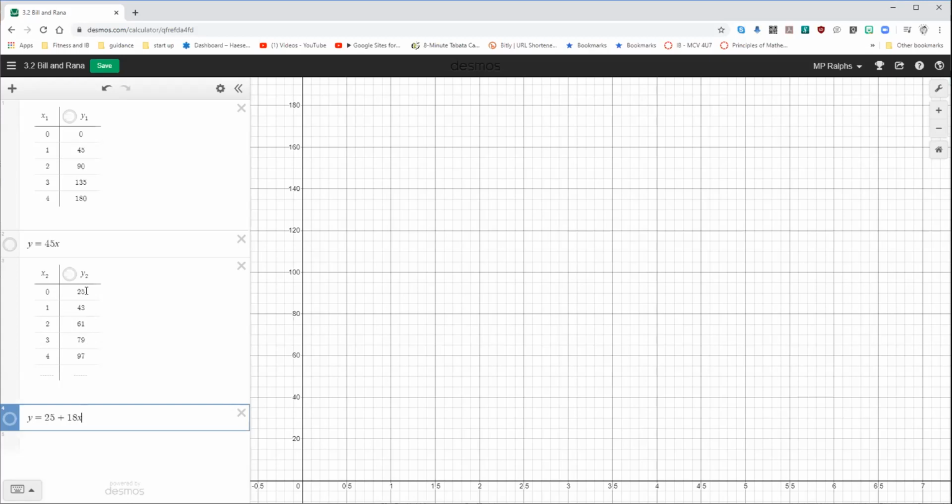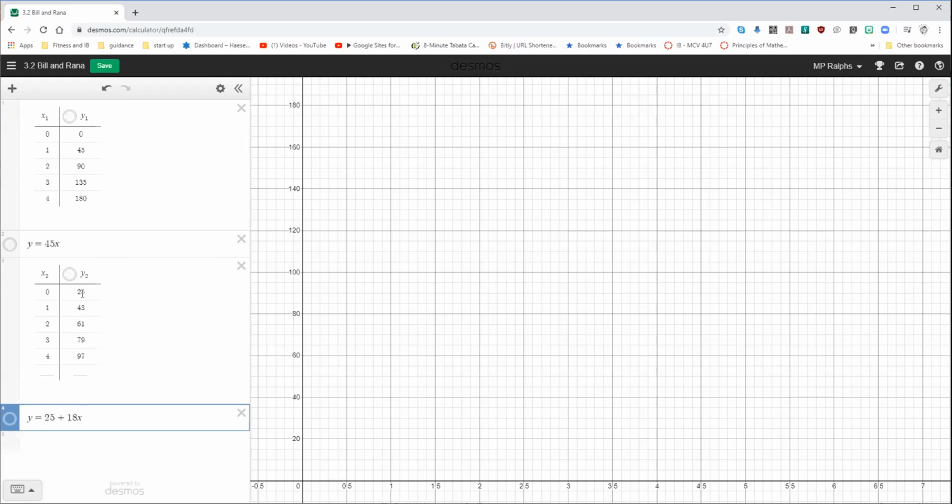So if you take a look at this, from 25 to 43, well, there's the $18 per hour that Bill is charging for his work. And then from $43 to $61, there's another $18. So that's for the second hour of work. For the third hour of work, there's another $18 that he's charging, going from 61 to 79. So notice that the change between each row is $18.